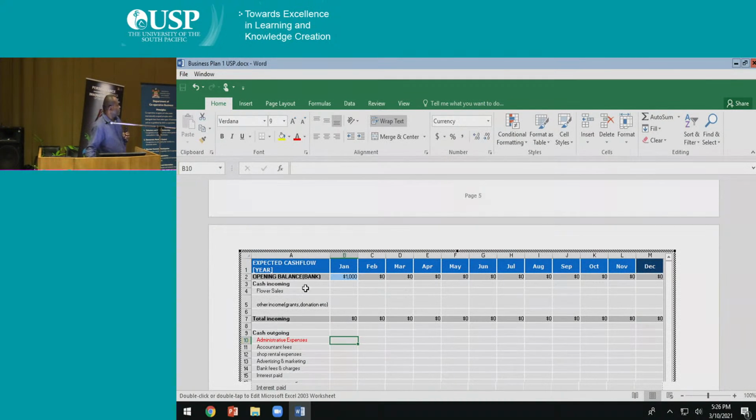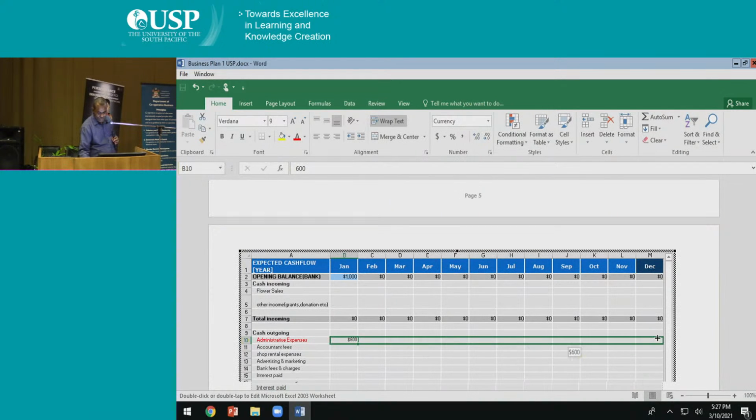But for now, we don't have any grants, just sales alone. Administrative expenses, let's say it's 600, to start with. And that goes right through.